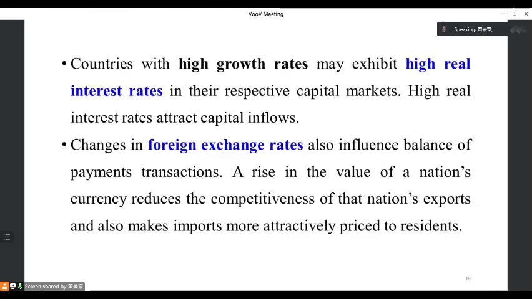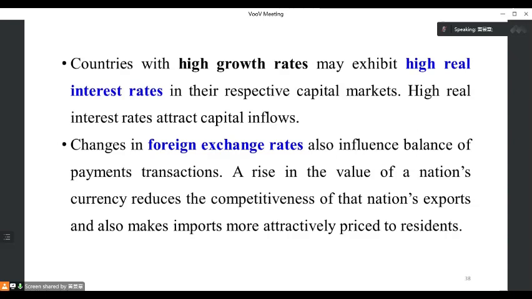This paragraph tells us that if the foreign exchange rate changes, it will influence one country's export competitiveness, and also make this country's imports become attractive in price level to residents.